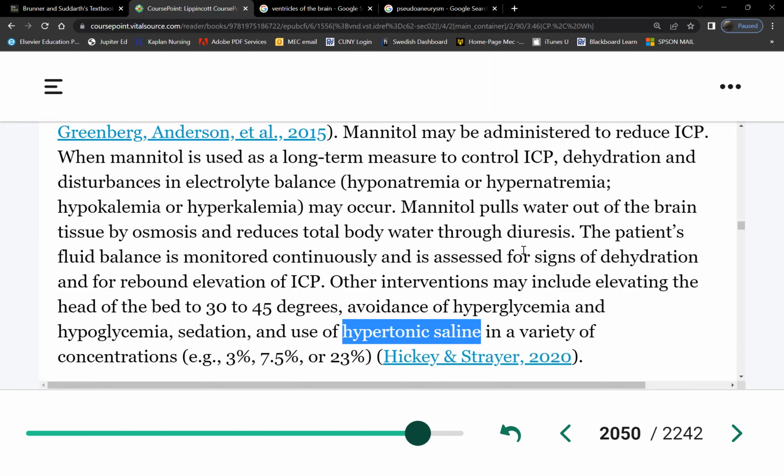It will raise blood pressure because it will increase blood volume. Unlike osmotic diuretic, wherein it will promote diuresis, this one does not. This will just increase blood volume with no corresponding, not very effective diuresis. However, this would be useful if the patient's blood pressure is low. Then your choice, instead of mannitol, we give hypertonic saline.